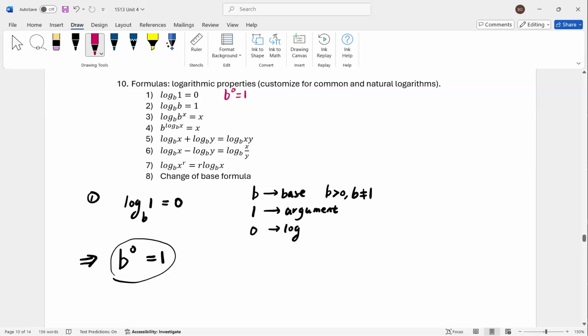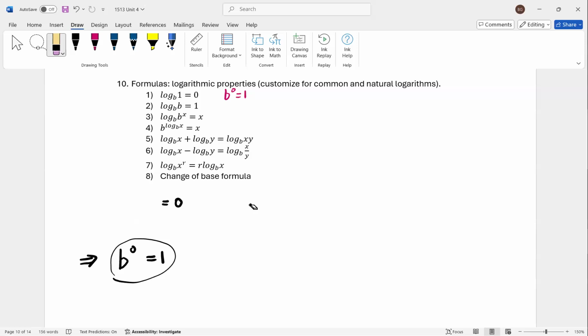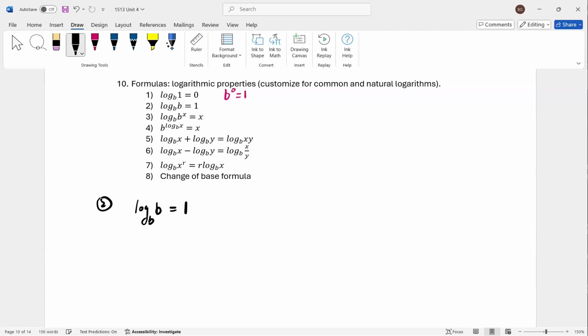Number 2. And allow me to erase those stuff, okay? I'm recording the class, so if you want a note, you can just take a screenshot from the video. Second formula, log with base b of b equals 1. This log has base b.